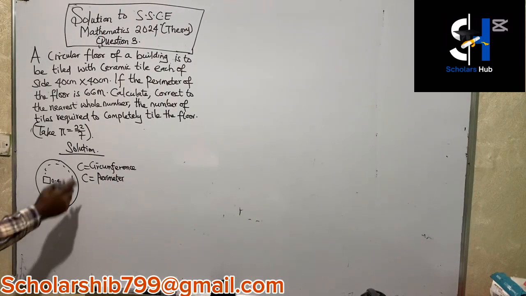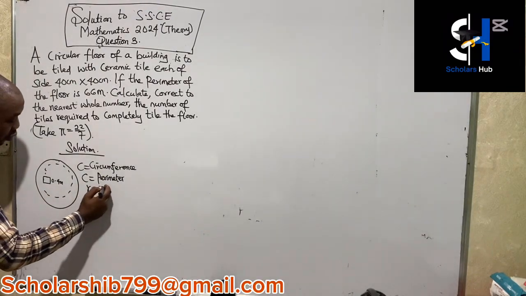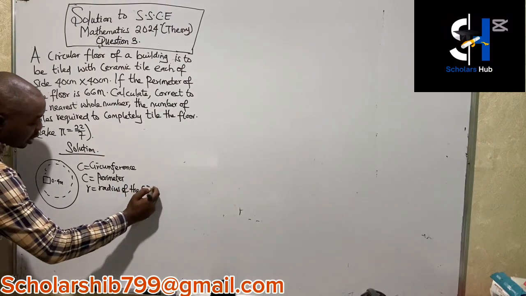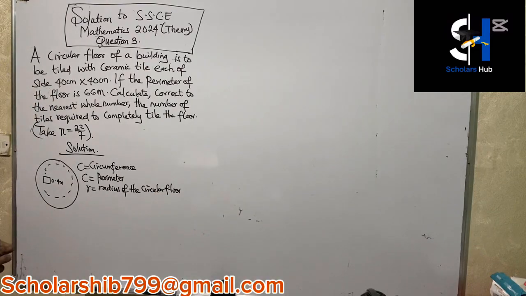First of all, we're not given the radius of the circular floor, so we can say that R equals the radius of the circular floor. To be able to calculate the number of tiles required to completely fill the circular floor, we need to calculate the area of the circular floor.